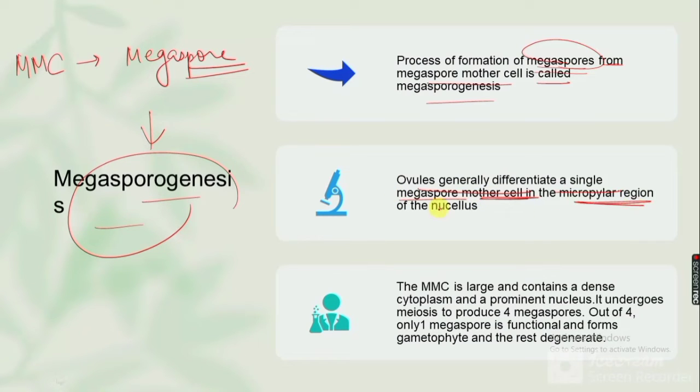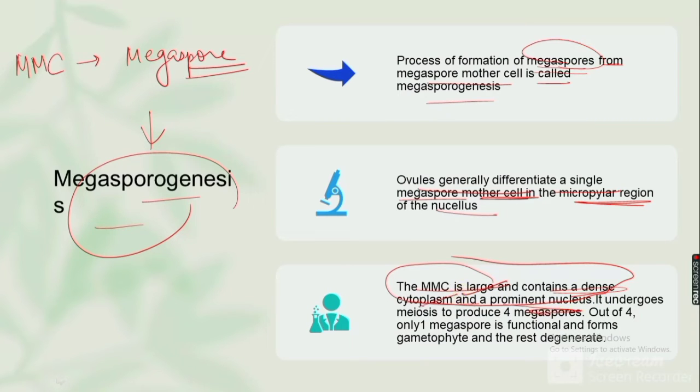If the question arises what a megaspore mother cell contains or how it looks, whether it is large or small, it is large and contains a dense cytoplasm and a prominent nucleus.